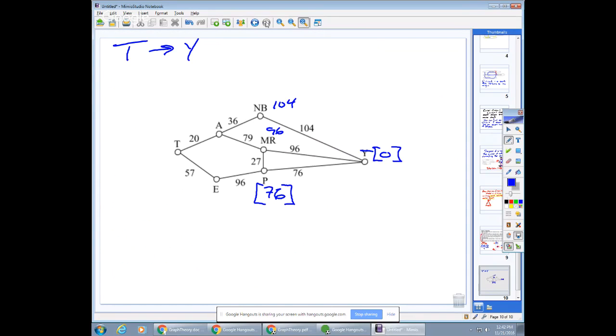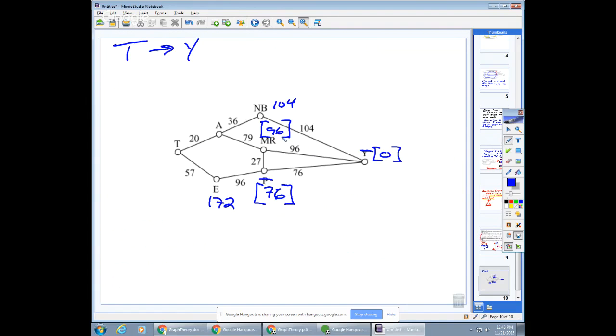Okay, so I write that down here. And have I exhausted all paths from P? Yes. Okay, so that means we mark P as done. And then we look for the smallest number on the screen, MR. So now we mark MR as current.